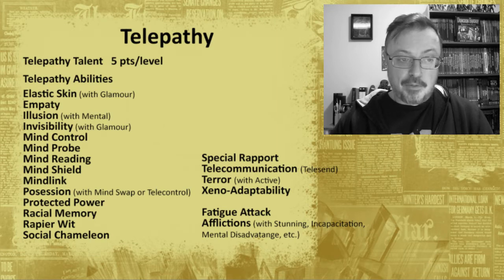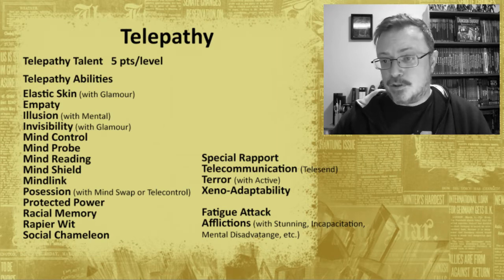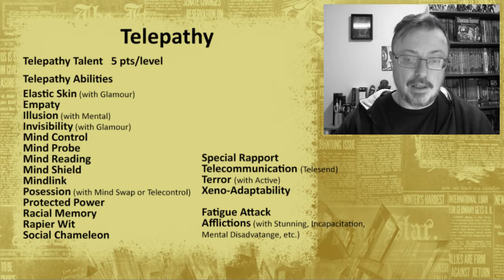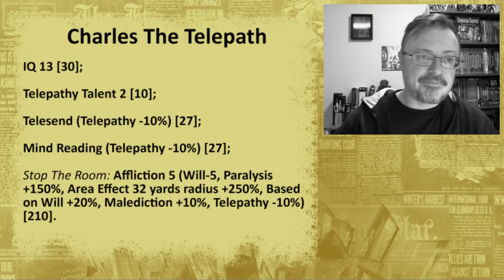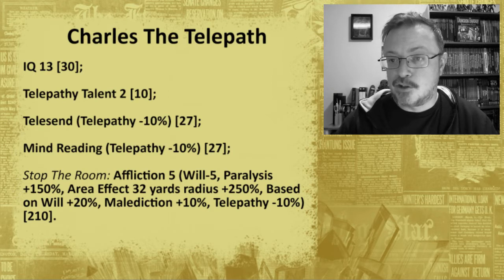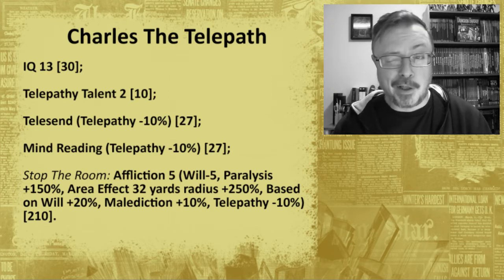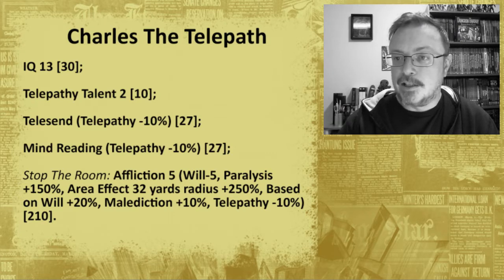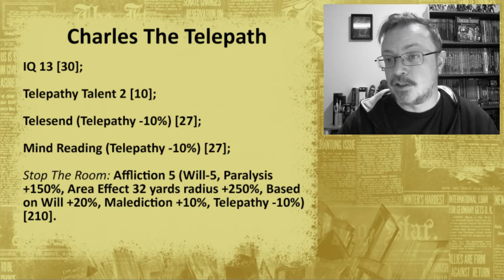So yeah, you pick and choose. You buy what you need, what you want for your character concept, and you leave the rest. So for example, if I'm doing Charles the telepath, wink wink, that would give you an idea of how to create such a character.